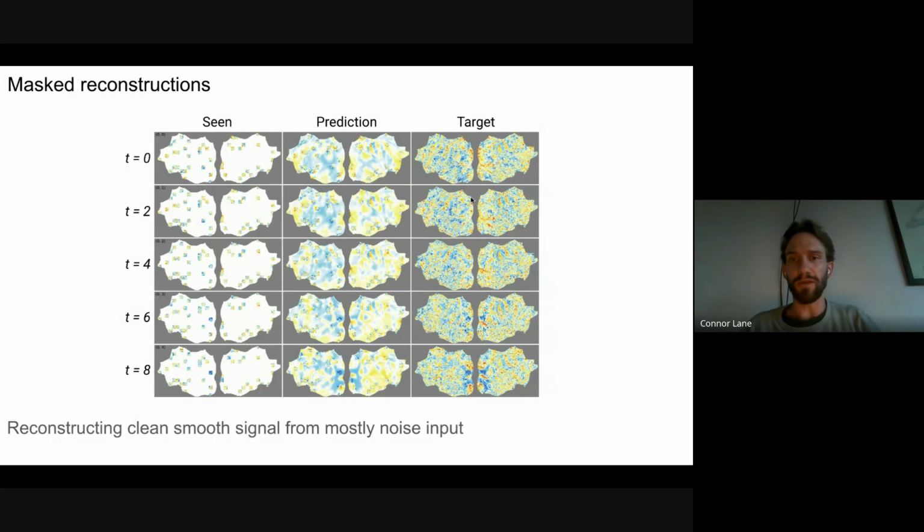Most of the high frequency signal that you see in the right-hand side column is going to be noise and unpredictable. And the model is able to reconstruct the signal and implicitly denoise the data because it's unable to predict unstructured, unpredictable noise.